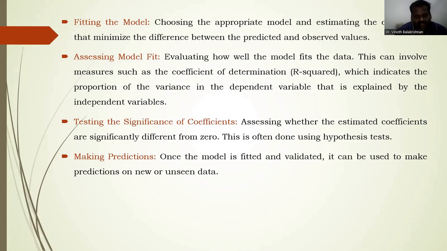These techniques are used for assessing whether the estimated coefficients are significantly different from zero or not. You can use a t-test as well. The next step is how to make predictions. Once we have fitted and validated our model, we can go for predictions for new or unseen data.